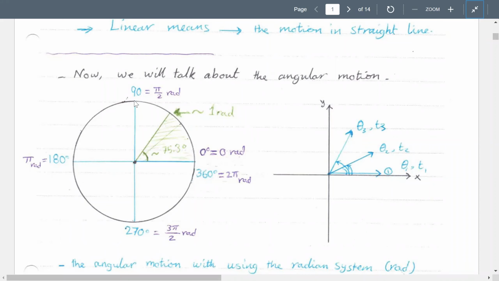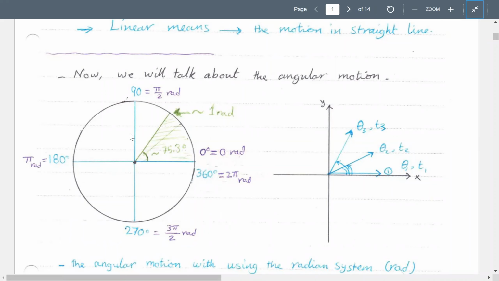At 90 degrees at the positive y-axis, we have pi over 2 radian. At 180 degrees, which is the negative x-axis, it is pi in radian. At 270, which is the negative y-axis, it is 3 pi over 2.